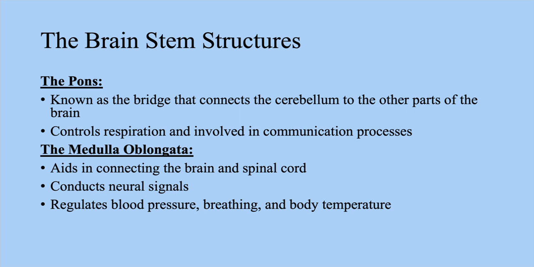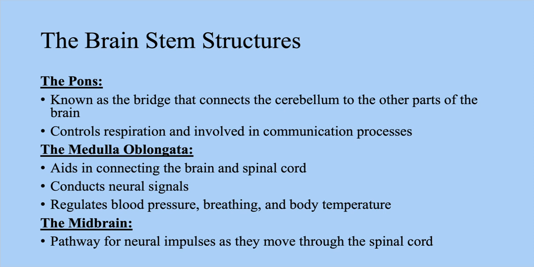It's also another pathway for conducting neural signals and regulates involuntary functions such as blood pressure, breathing, body temperature, things like that. As I mentioned earlier, structures can have the same function or control the same thing. As you see here, the pons and the medulla oblongata both control respiration or breathing.